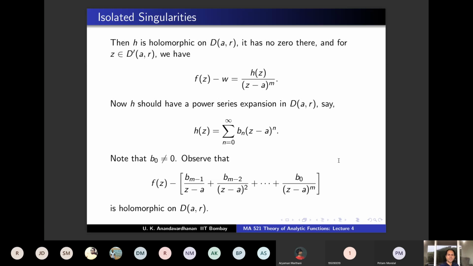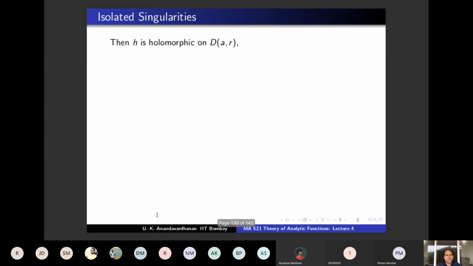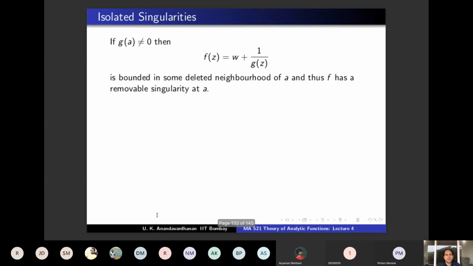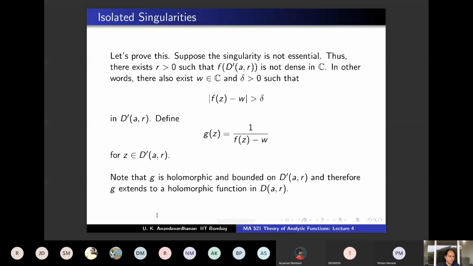So this was the definition of pole. You can subtract a principal part like this and then you get a removable singularity. Holomorphic means removable singularity.